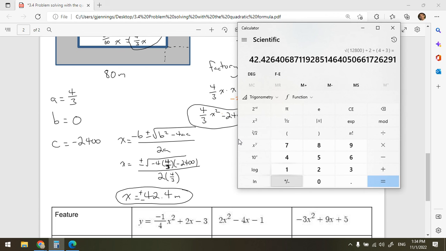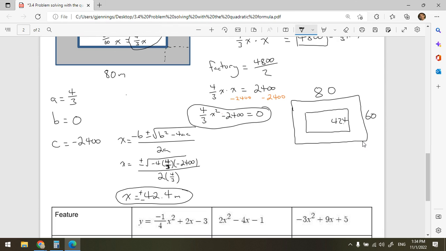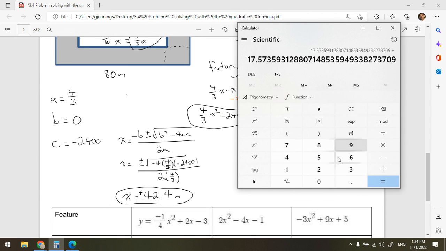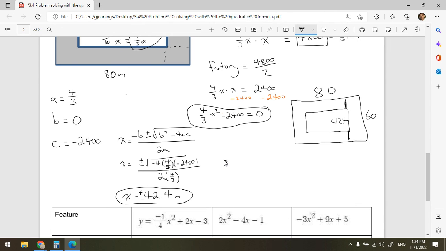So if I go in here and I make this number negative and add it to 60, that's going to give me the width of the lawn, but twice of it, 2 times the width of the lawn. That's this distance plus that distance. And together that would make 60. So I need to divide this by 2. And so it's about 8.8. Therefore, the lawn is about 8.8 meters wide.